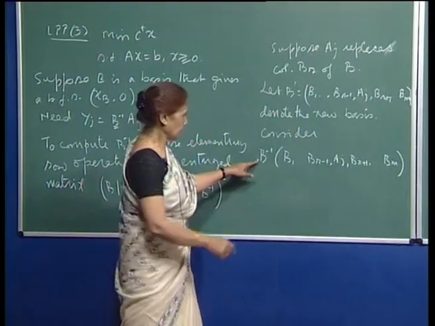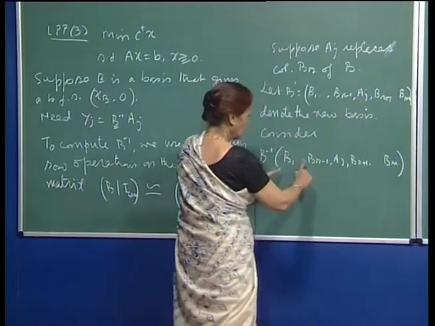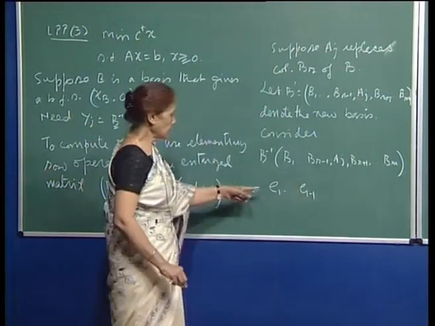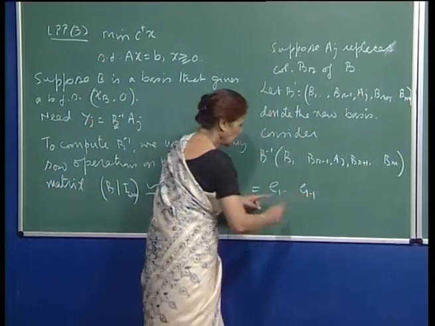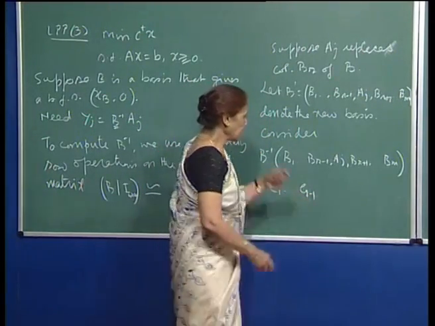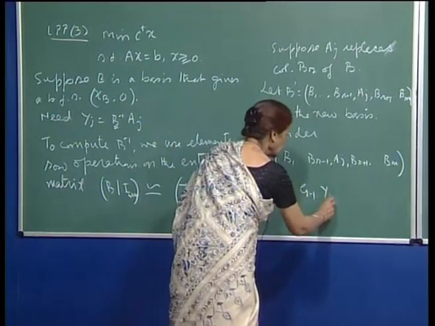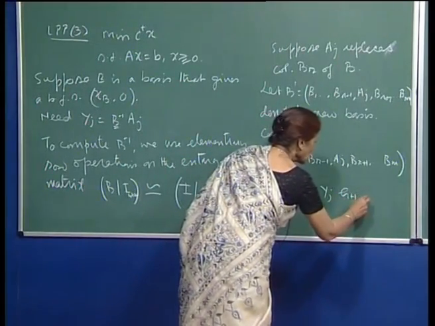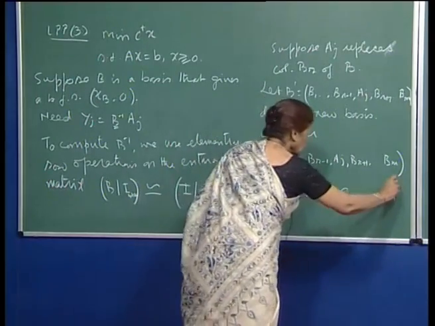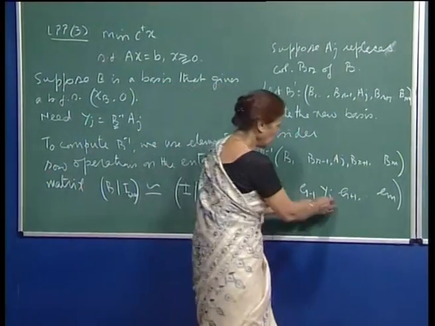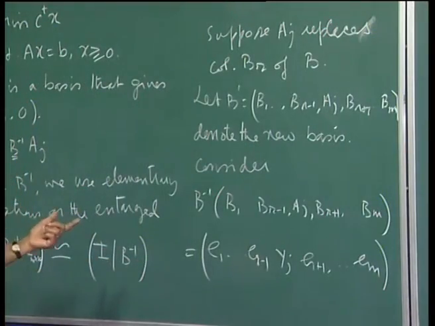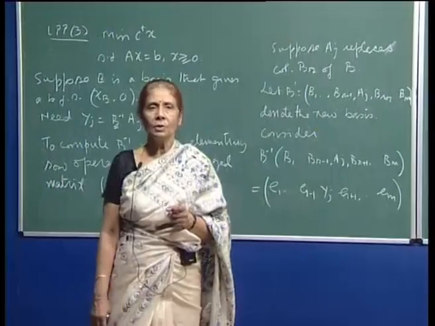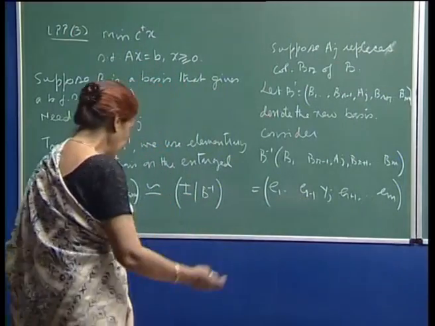Since B inverse is the inverse of B_1 B_2 ... B_r ... B_m, this is actually e_1 to e_{r-1}, unit vectors with 1 in the first place, 1 in the (r-1)th place, and B inverse A_j is your y_j by our definition, and then again e_{r+1} ... e_m. So, I already have this, and if I have y_j with me, then in order to compute the B prime inverse, I simply have to reduce y_j to the corresponding e_r by elementary row operations.